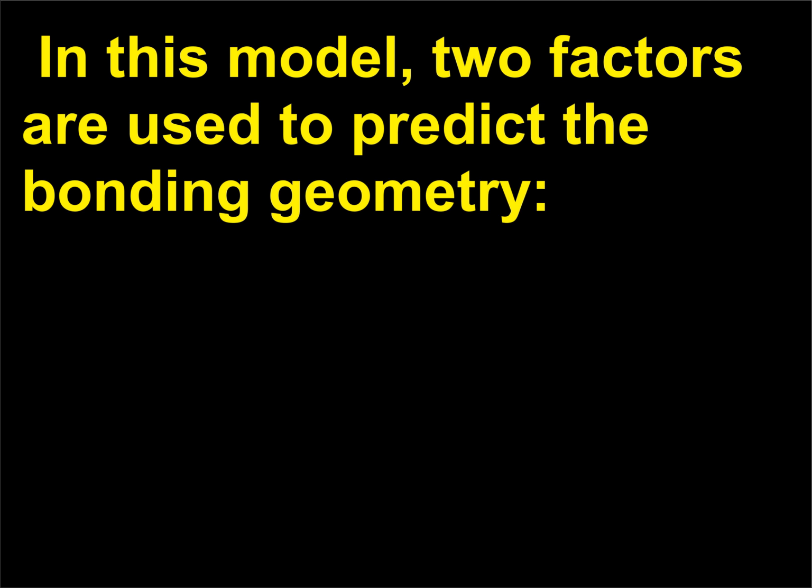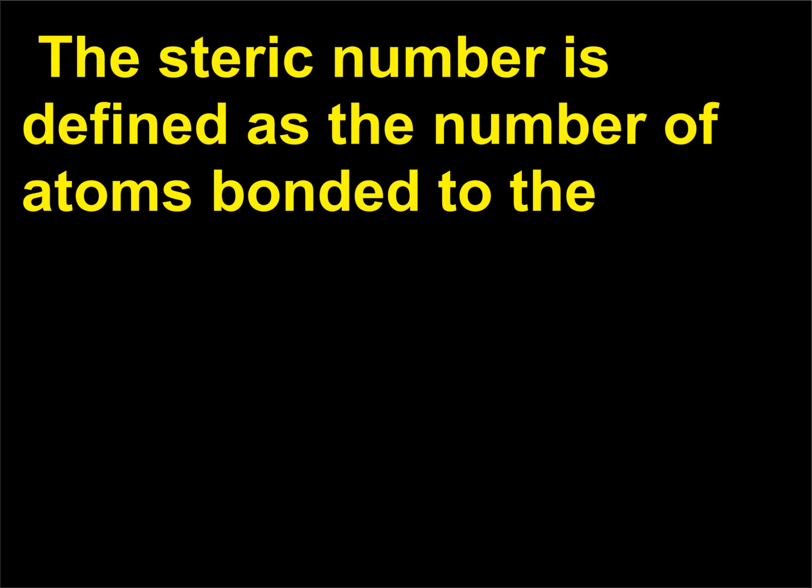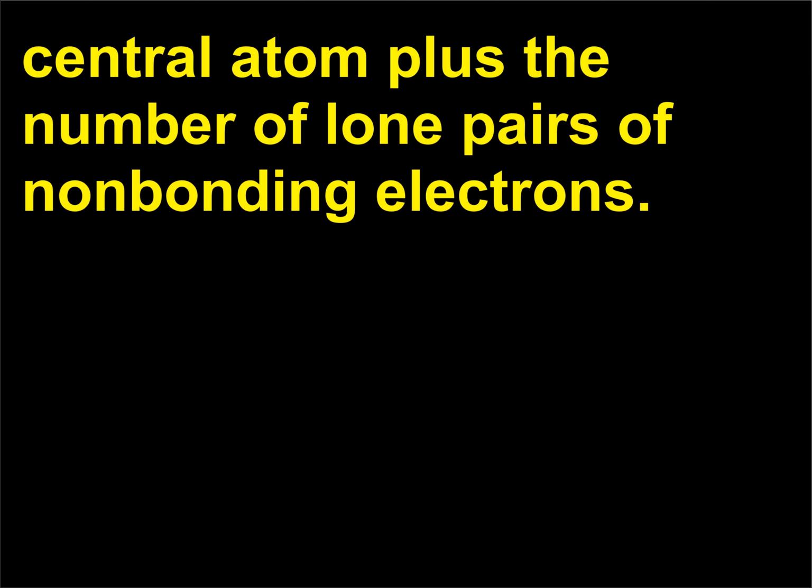In this model, two factors are used to predict the bonding geometry: the steric number and the number of lone pairs of non-bonding electrons. The steric number is defined as the number of atoms bonded to the central atom plus the number of lone pairs of non-bonding electrons.